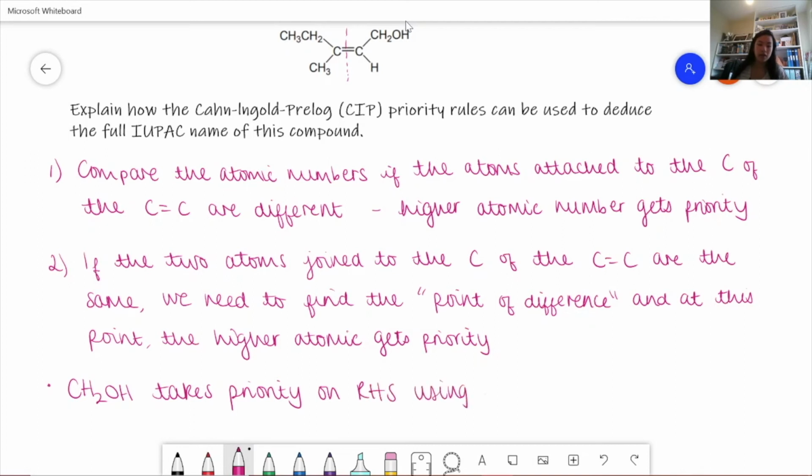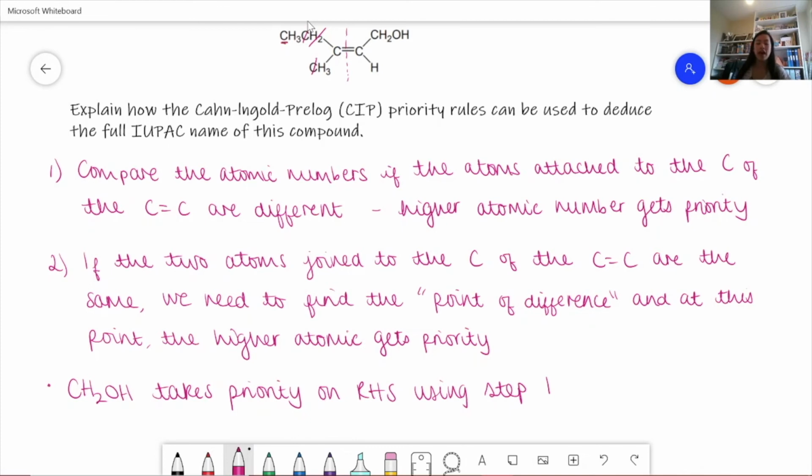using step 1. And then looking at the left-hand side, we can now apply our second rule because the two things attached to the carbons are both carbons, so they're the same. So we find the first point of difference. So the carbons are the same, and then we have two hydrogens, and then this one has another hydrogen, whereas the top ethyl has a carbon next.